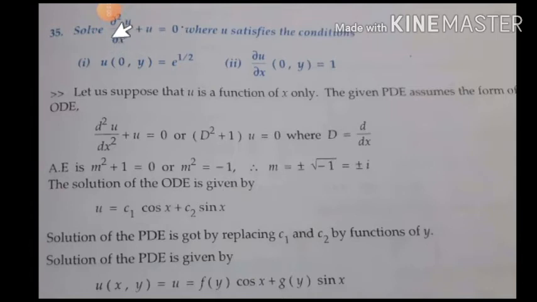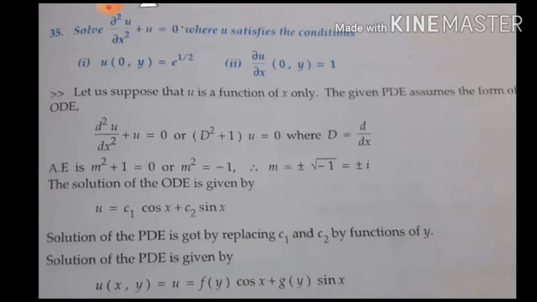Let us study some more problems related to solving homogeneous partial differential equations. Observe that in the numerator you are getting only dependent variables; there is no independent variable here also.